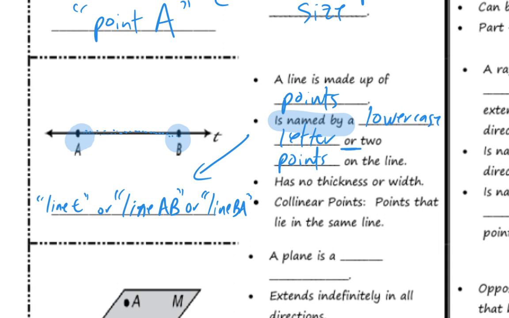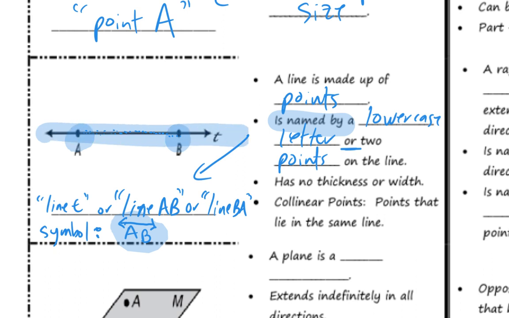Now let's talk about the symbol we're going to use. We're going to say AB, and put on top of it a symbol with an arrow going both ways. That's the symbol for this line, line AB.